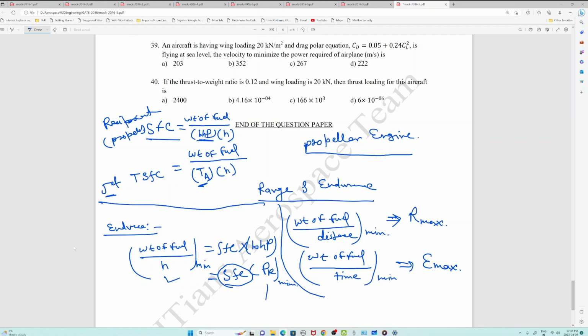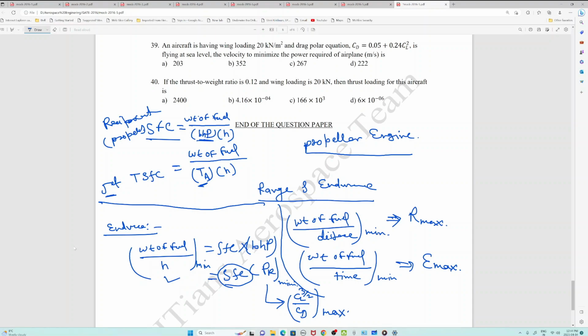For power required to be minimum, the aircraft must fly at a velocity according to CL^3/2 by CD maximum. Guys, is it okay here?